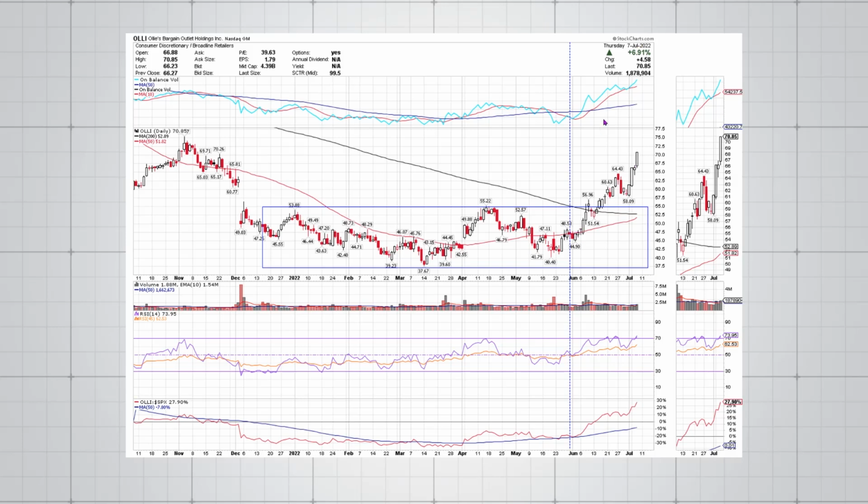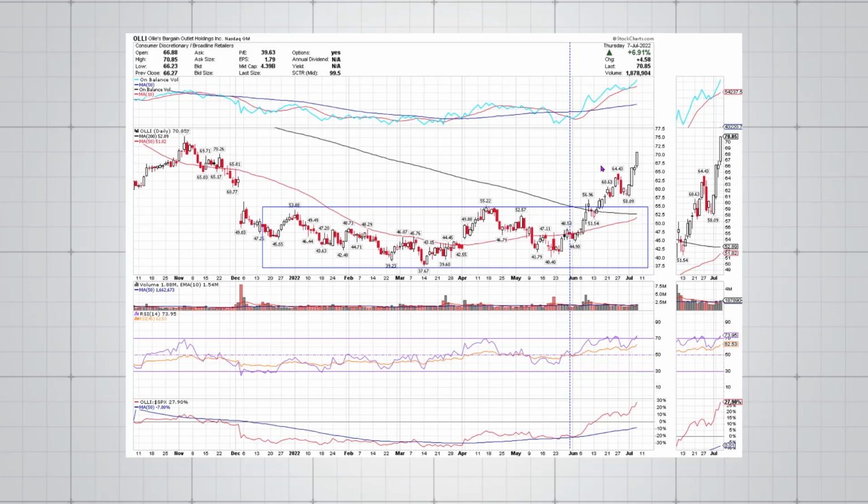The on-balance volume, which I'm a particular fan of, note that in this area, the OBV line crossed its 10-period moving average, that's the red line, and the red line subsequently crossed the blue line, which is the 50-period OBV moving average. All very, very positive.